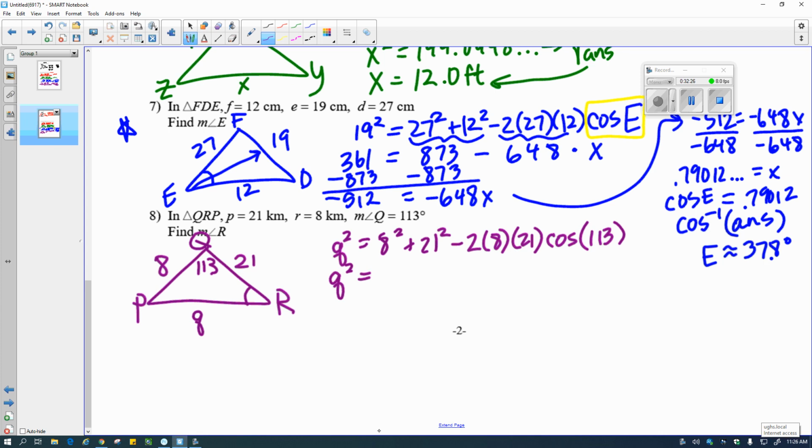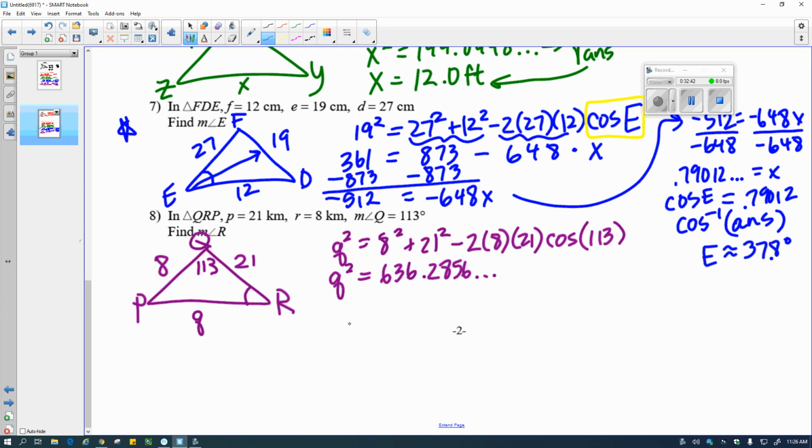I got 636.2856. There are more decimals, and it depends on the calculator that you have how many decimals it shows.